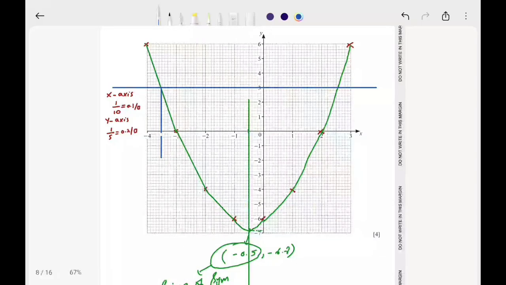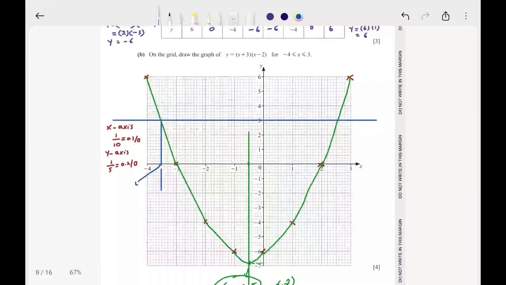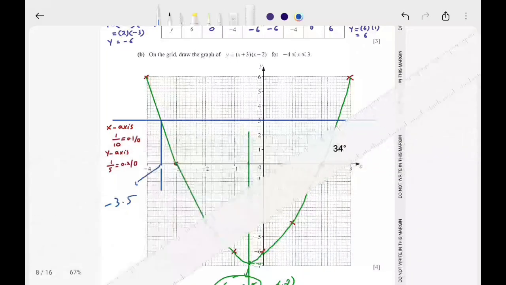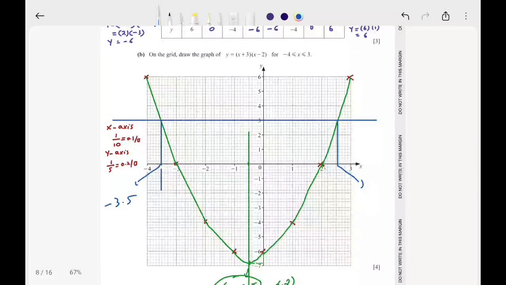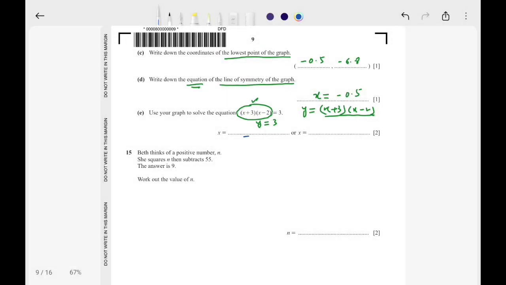It is minus 3, then 1, 2, 3, 4 and 5, approximately minus 3.5, and the other answer will be 2, then 1, 2, 3, 4 and 5, 2.5. Minus 3.5 and 2.5.